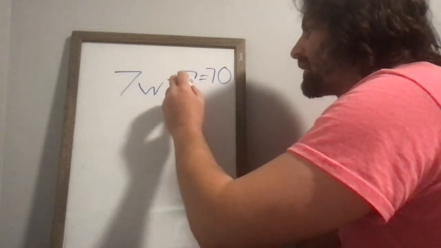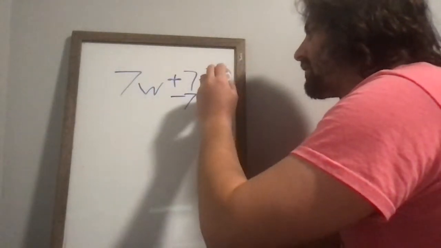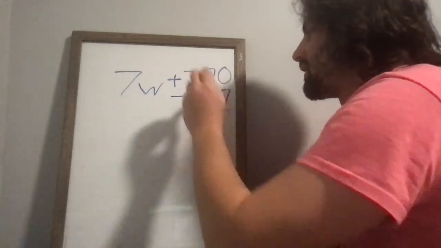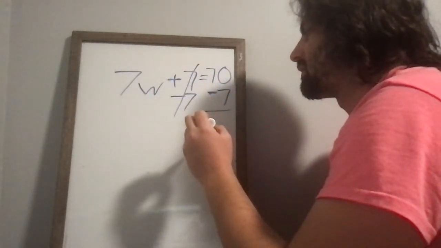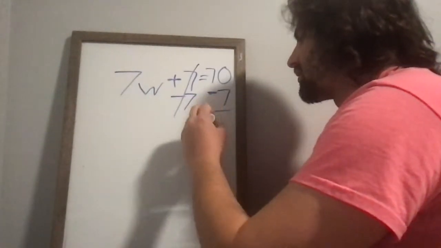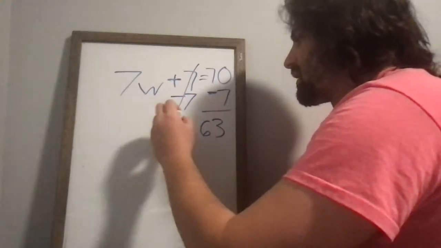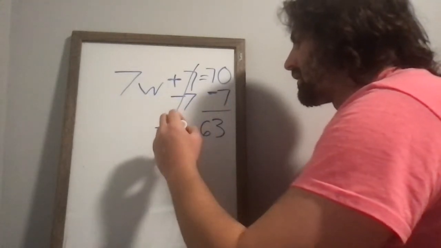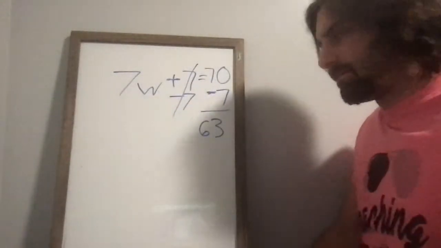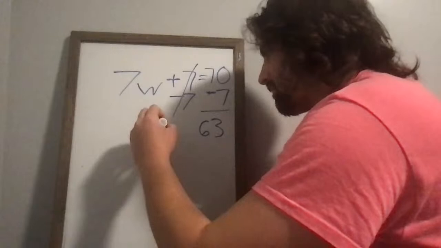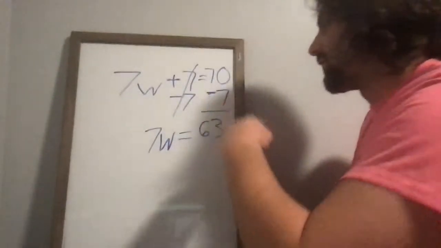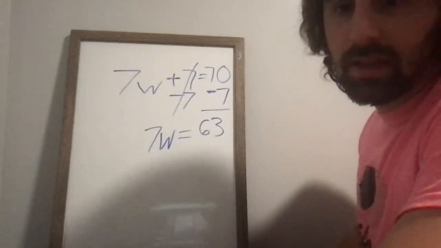So 7w minus 7, 70 minus 7. 70 minus 7 is 63. So 7w equals 63.